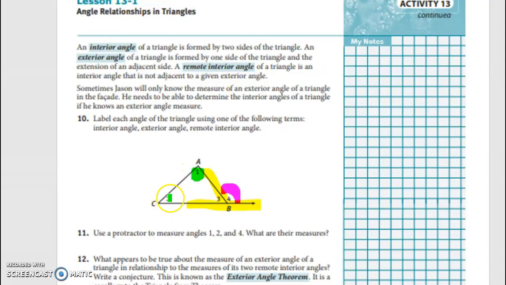So we've got one remote interior and two remote interiors from angle 4. Okay? And then our situation says sometimes Jason will only know the measure of an exterior angle of a triangle. He needs to be able to determine the interior angles of the triangle if he knows an exterior angle measure. So if he's only given angle 4, he wants to be able to figure out what angles 1 and 2 are.